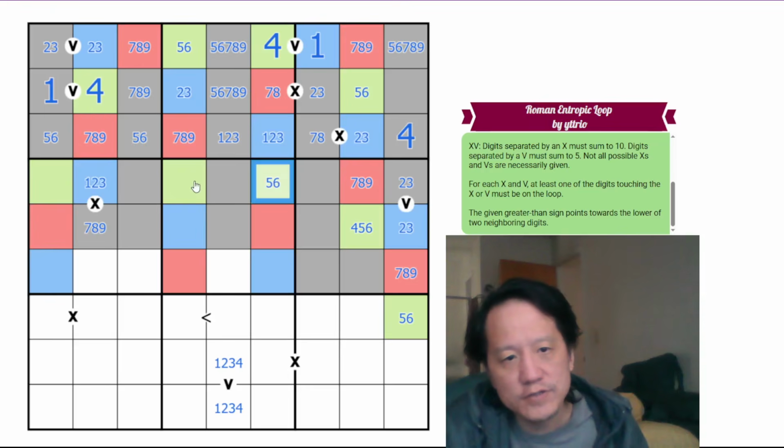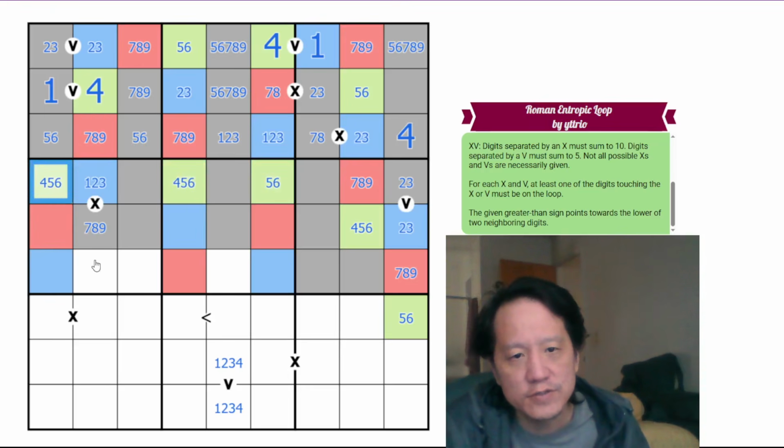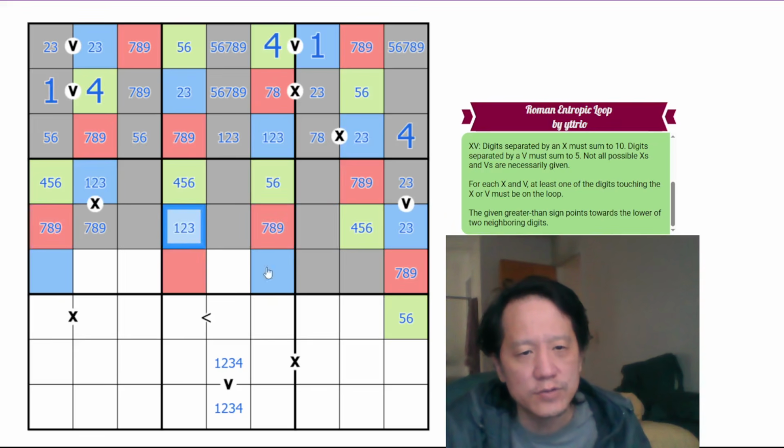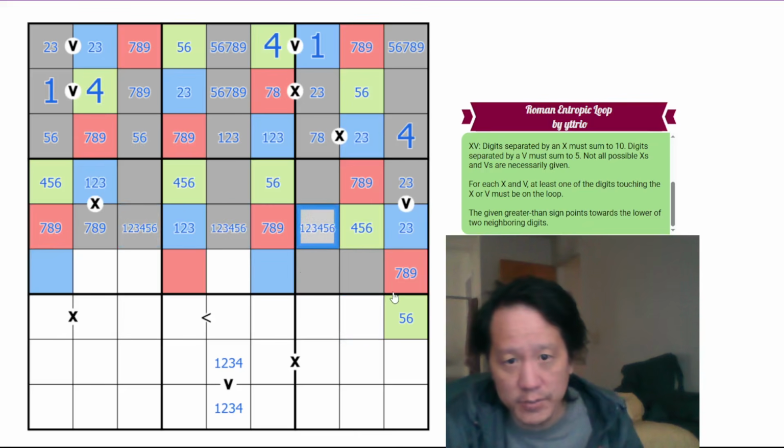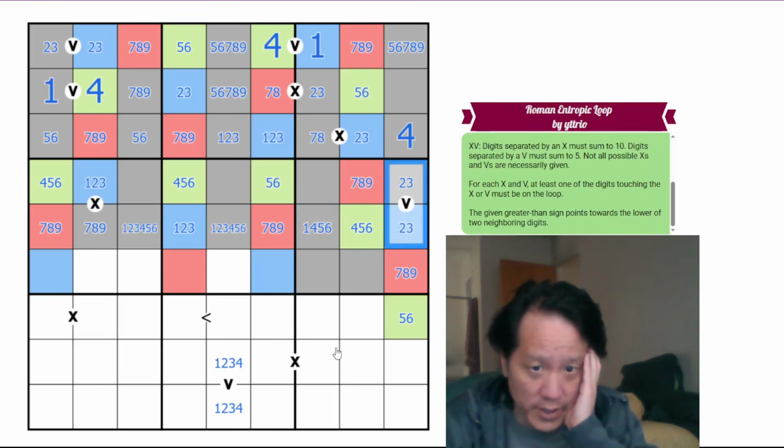We have 5, 6, 4, 5, 6, 4, 5, 6. We have 7, 8, 9, 7, 8, 9. This is 1, 2, 3. The rest of 7, 8, and 9 cannot be in row 5. So it's 1 through 6 in each of these. This cannot be 2 or 3 because of the 2, 3 pair in the box.